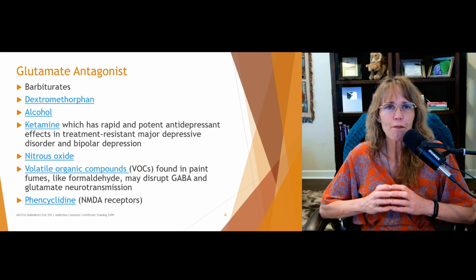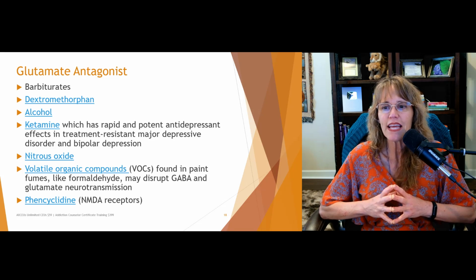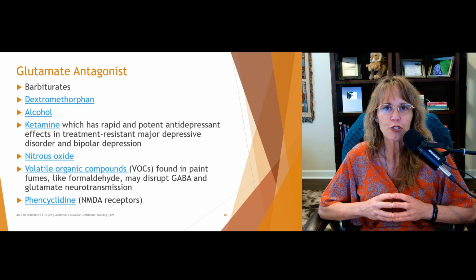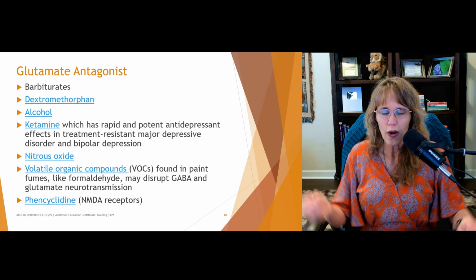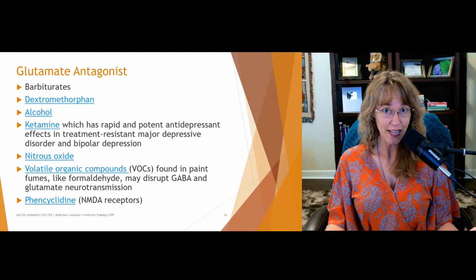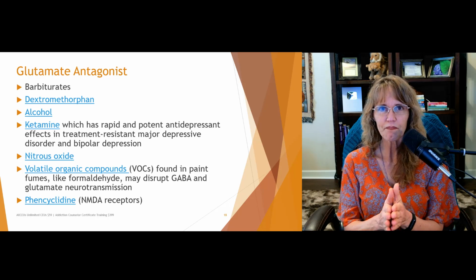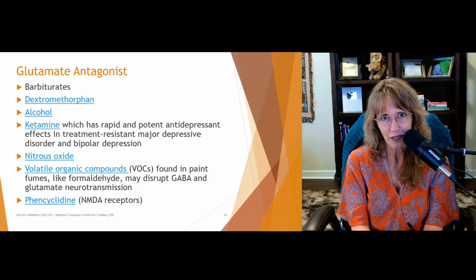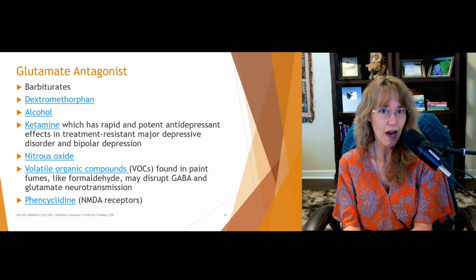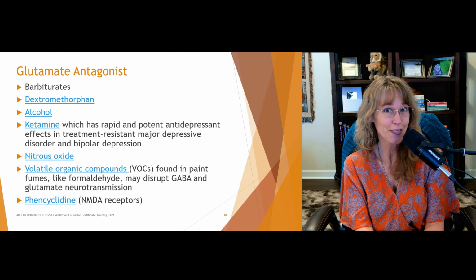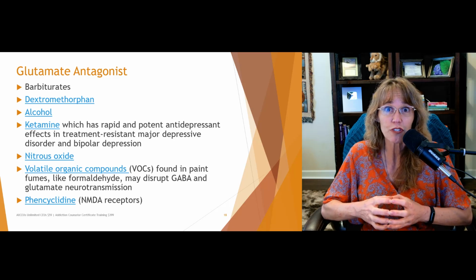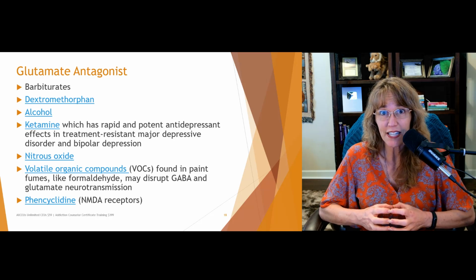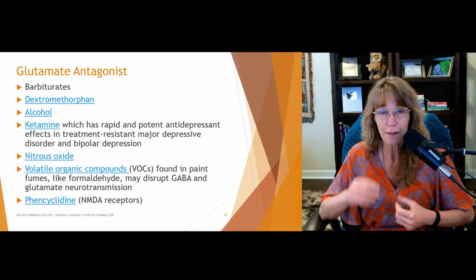Volatile organic compounds, or VOCs, found in paint fumes, like formaldehyde, may disrupt GABA and glutamate neurotransmission. Why am I bringing that up? When you are interviewing somebody, when you're doing your assessment, if they're a painter or they're a contractor that's exposed to paint fumes a lot, that's important to know because it is actually altering their neurochemical balance if they're breathing those fumes.